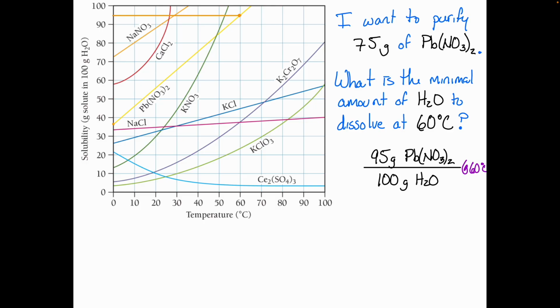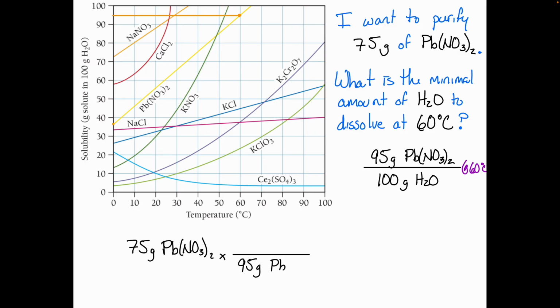All right, so now we got to do our math here. Let's take our 75 grams lead nitrate. I got my conversion factor here. Do I use it as is or flip it upside down? Flip it. I gotta flip it. Let's put grams of potassium nitrate on the bottom.